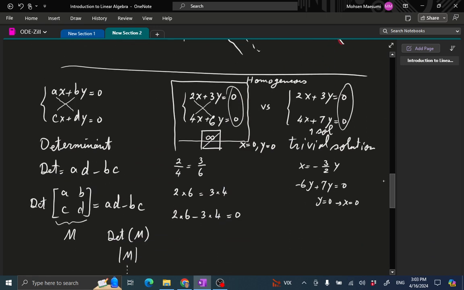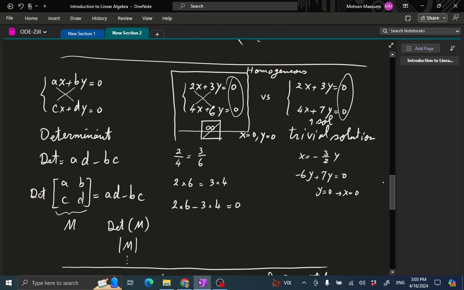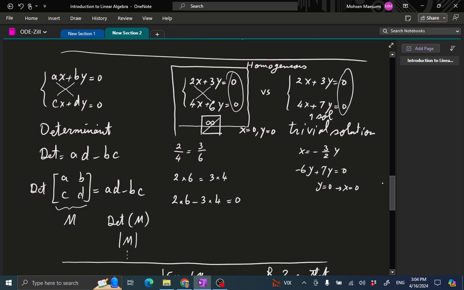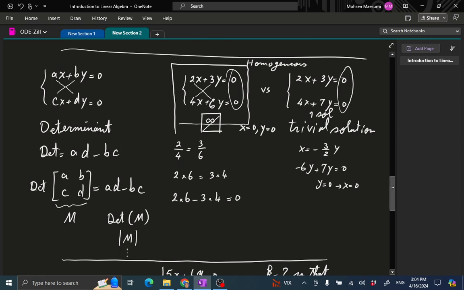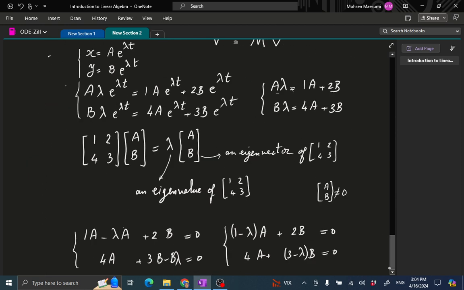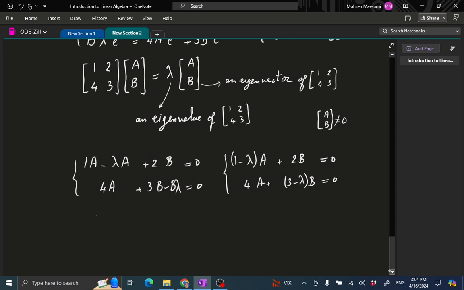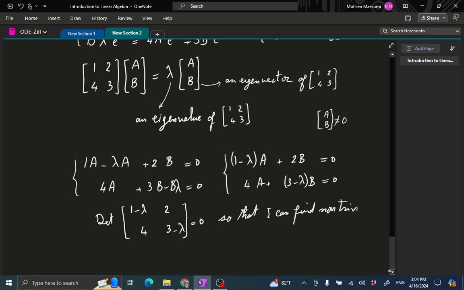So here I need the determinant of the matrix with entries 1 minus lambda, 2, 4, and 3 minus lambda to be 0, so that I can find non-trivial solutions for a, b.